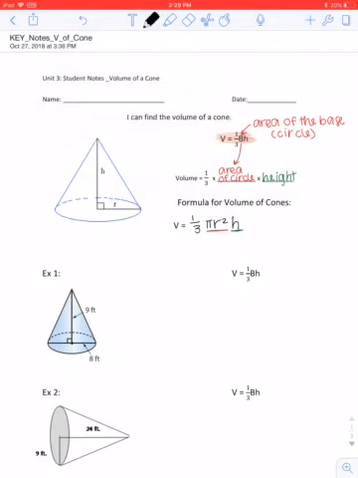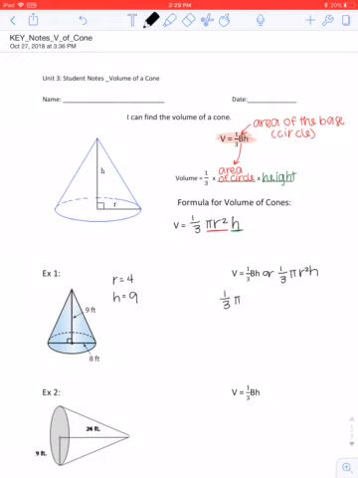Example 1, they give us our diameter, but we need our radius and our height. So I'm going to have a radius of 4 feet and a height of 9 feet. And then I like making this cone specific so I don't get confused. I'm going to have 1/3 pi r squared h. And then I'm just plugging in values.